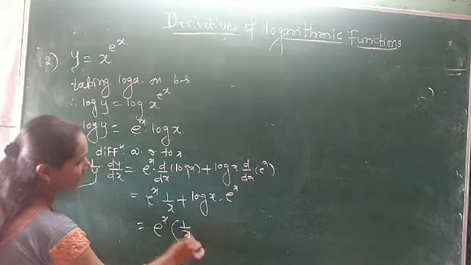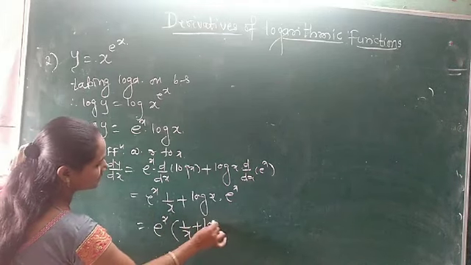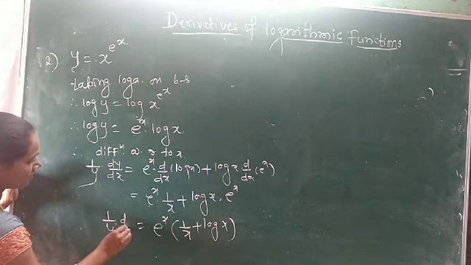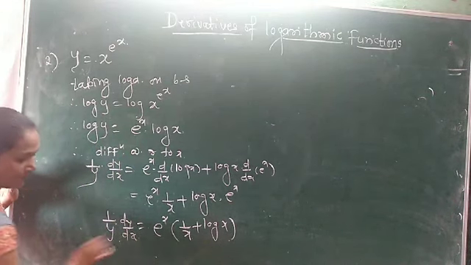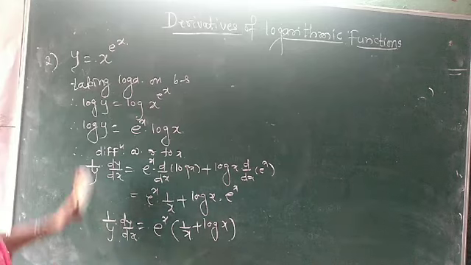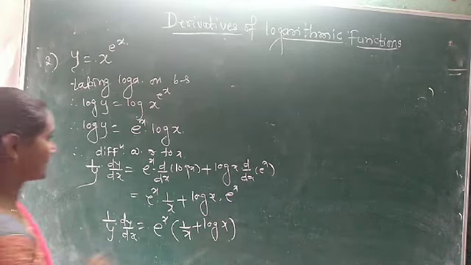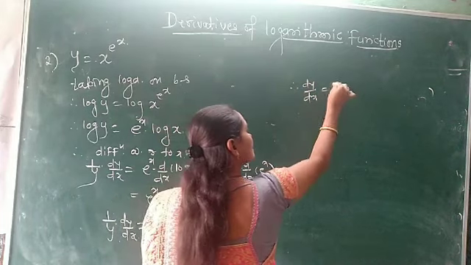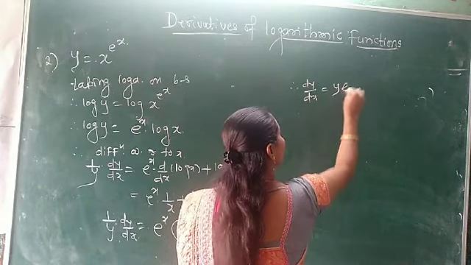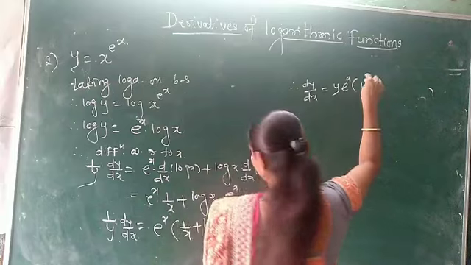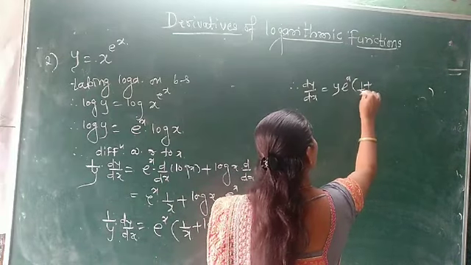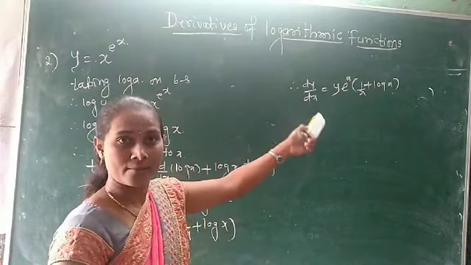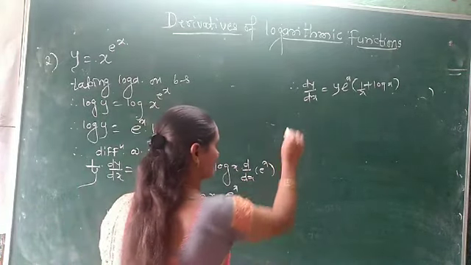So in bracket we get 1 upon x plus log x, which is the value of 1 upon y into dy upon dx. But we don't want this term, we want dy upon dx. Therefore, dy upon dx is equal to y into e raised to x into 1 upon x plus log x, which is in the form of y, but we want answer in the form of x.